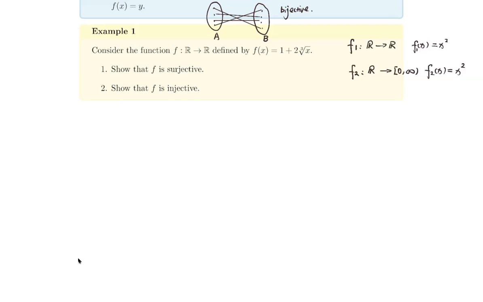All right, let's try to prove this function is surjective. So what I'm going to do is write down what I need to prove.